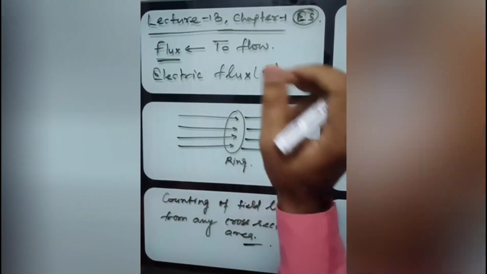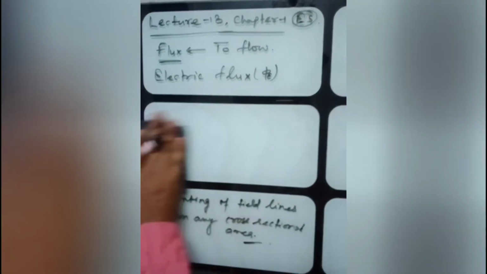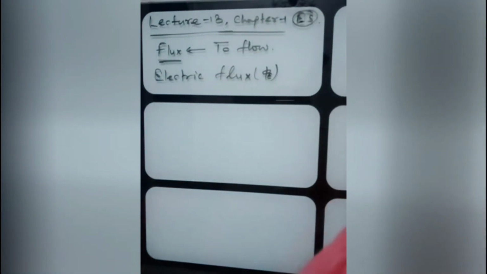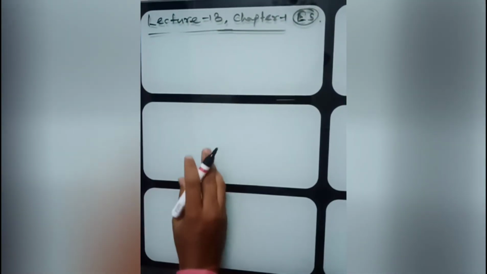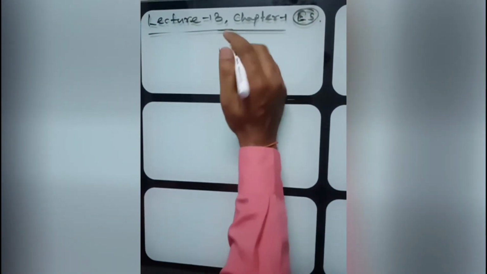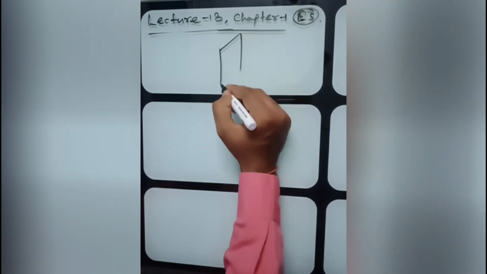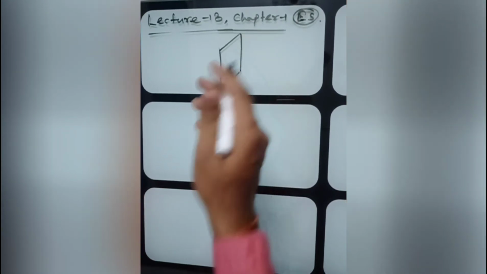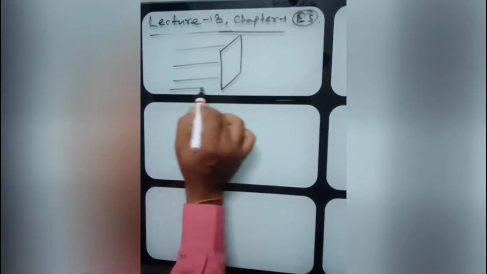Now student, how will you count the maximum? How will you count the total, that is, the maximum field lines passing through any cross-sectional area? Suppose this is the plate, and this plate you have placed to stop the field lines which are going from here.